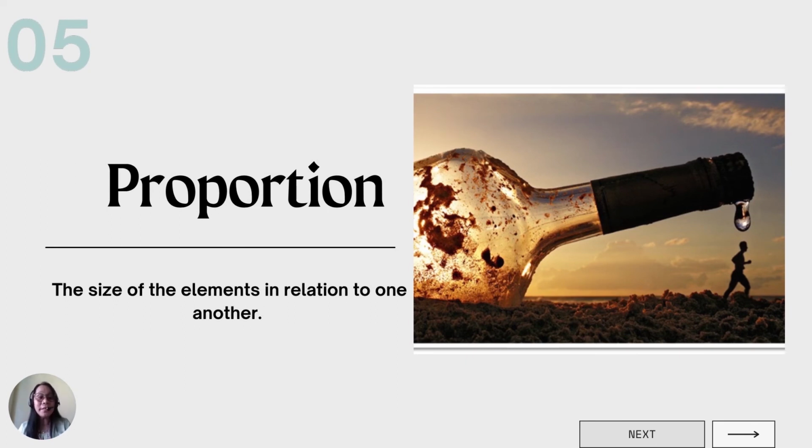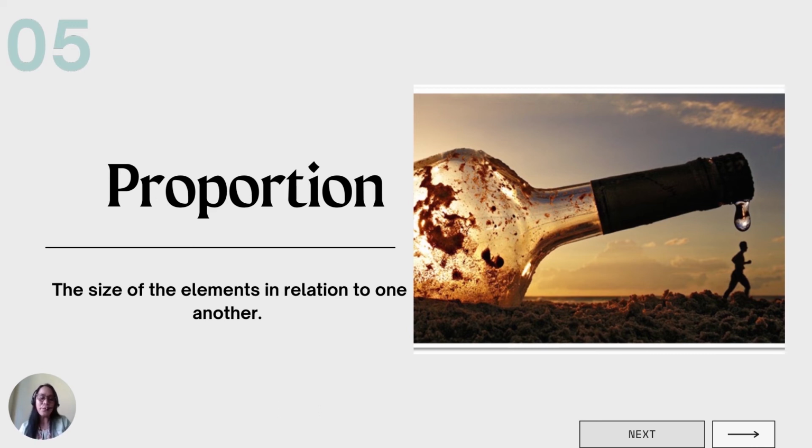Proportion, the size of an element in relation to one another. So let's say, for example, this bottle, water, and a human. The objects here really relate with one another.